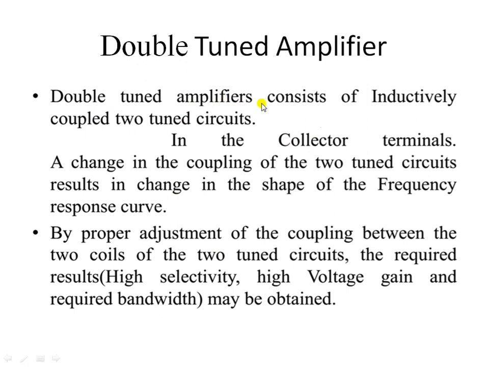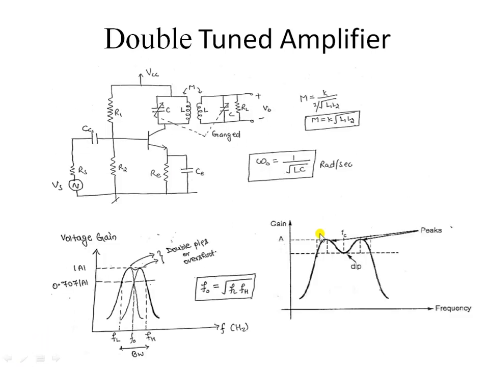The double tuned amplifier consists of two inductively coupled circuits, as we have discussed, in the collector terminal. A change in the coupling of the two tuned circuits results in a change in the shape of the frequency response curve. Because of a change in the coupling constant, that is a change in the mutual inductance M, the shape of the response can be changed.